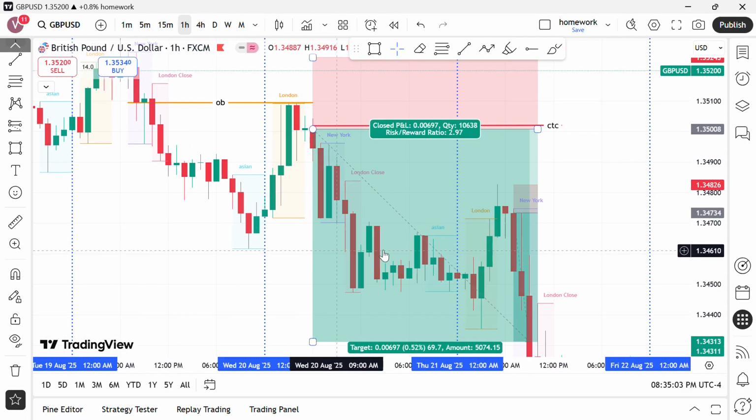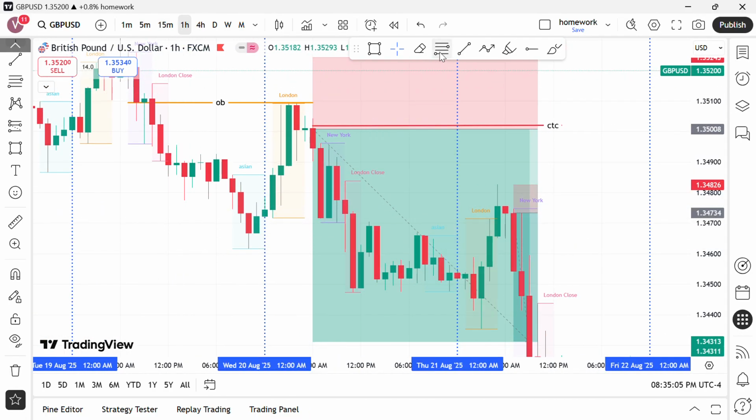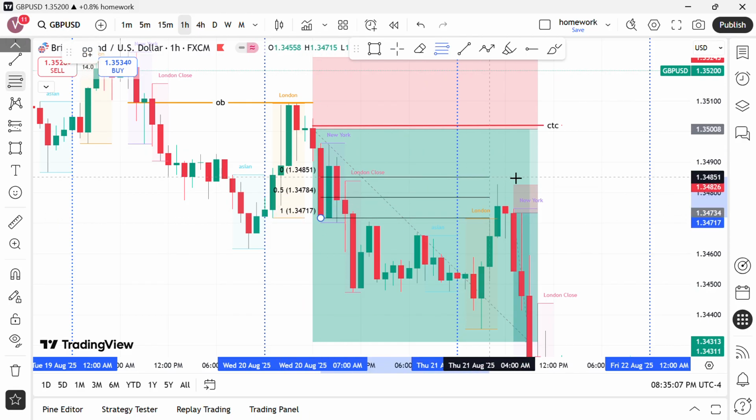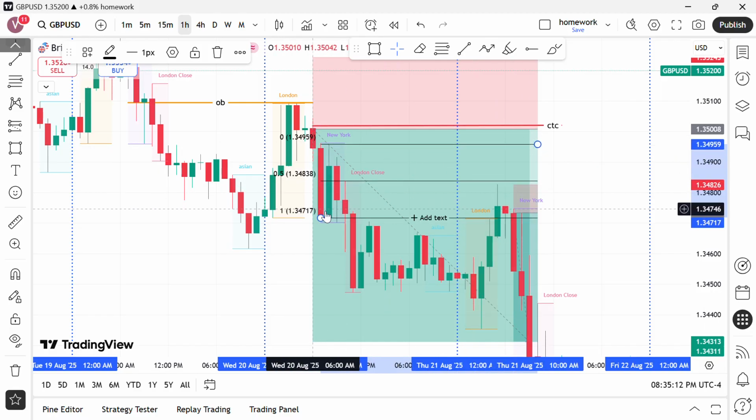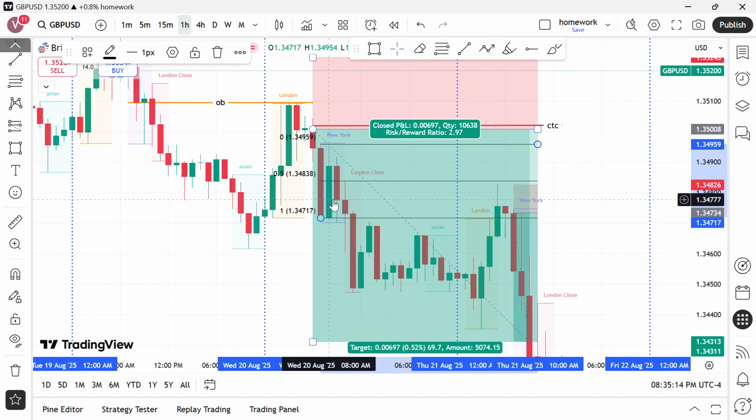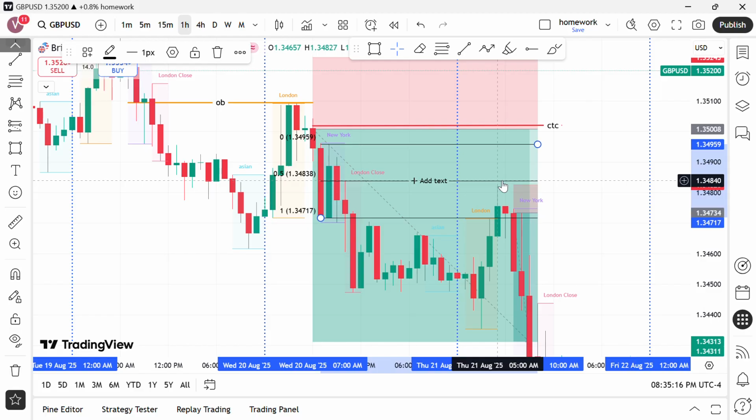Let's see what level that is. As you can see here, price has gone exactly to this green candle's mean threshold, not exactly but near it.